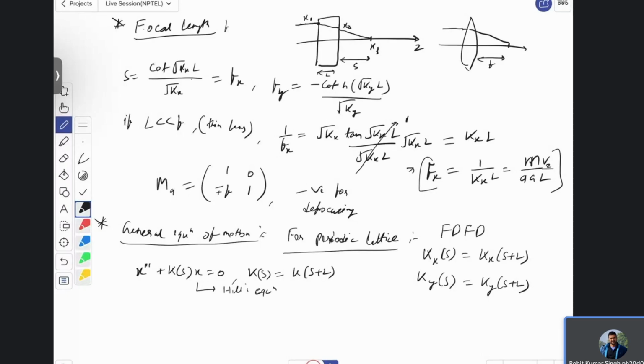Its solution is given like this: a constant, and beta of s, I will tell you what beta is, times cos of phi of s plus phi 0, where beta is also periodic in s.